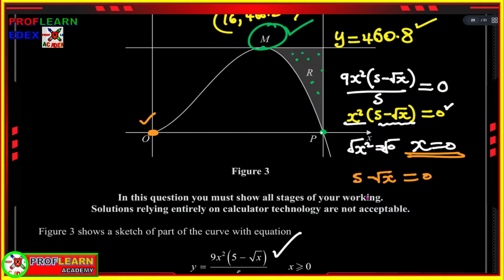We shall take root x to the other side, so root x is equal to 5. Then we square both sides, and we are going to have x is equal to 25. So this coordinate here is 25, 0, because this is the x-axis, y is 0.